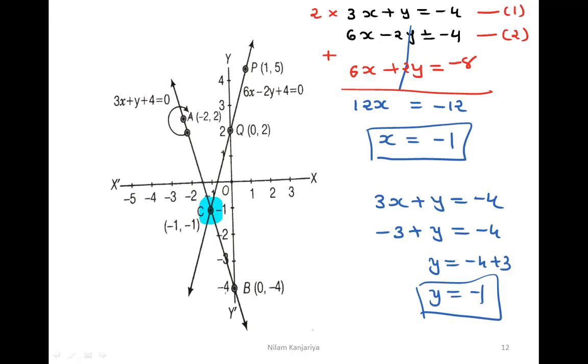Okay, so this is the shortcut when you want to apply. It helps you a lot. Otherwise, the graph gives approximate values of your x and y. But if you want the exact value, by this method it's the exact value.